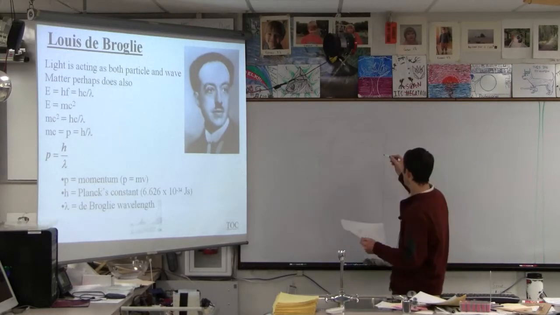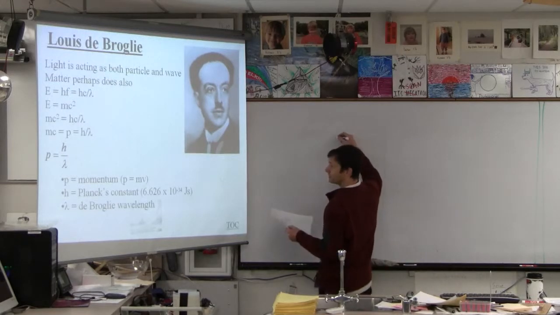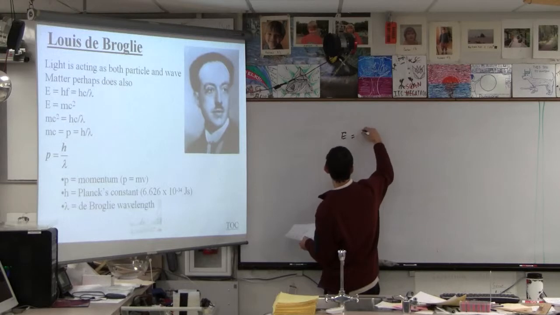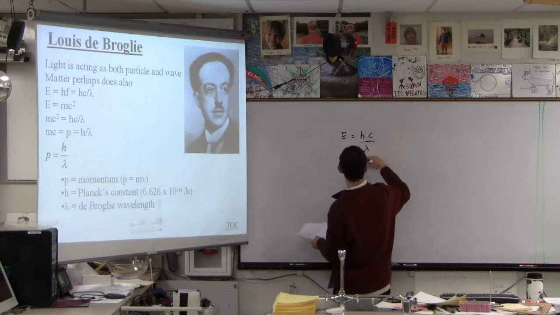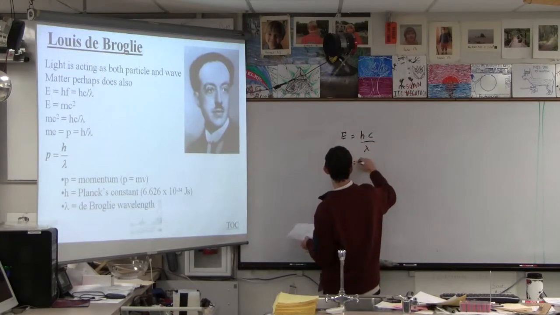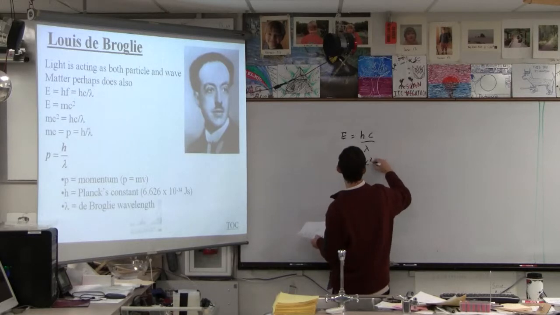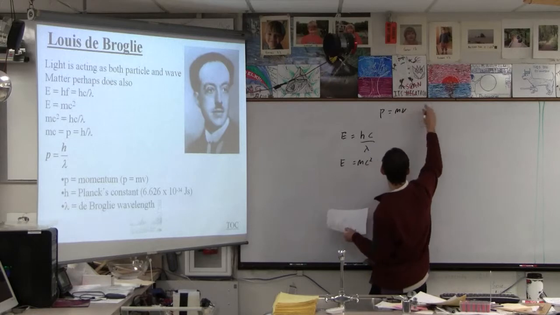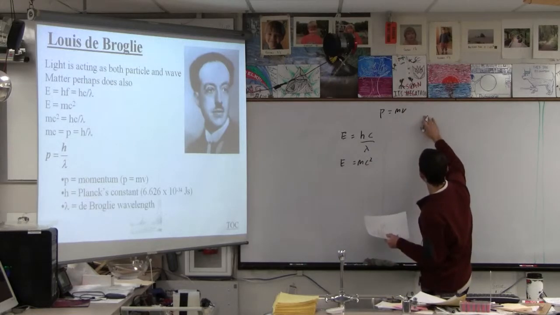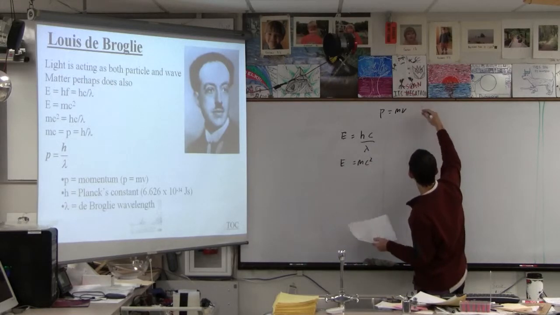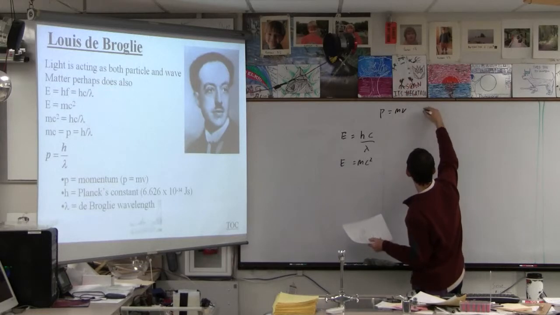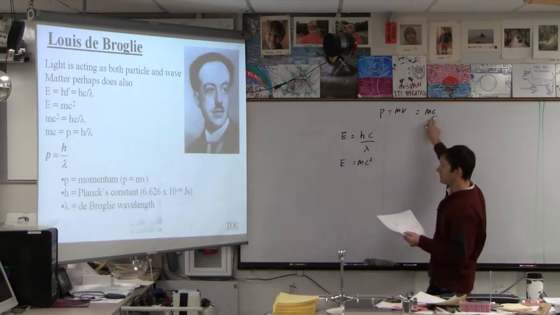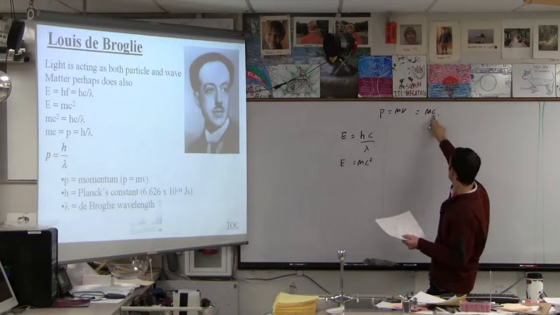And I don't think de Broglie came at it this way, but maybe he did, right? If energy is hc over lambda, and if energy is mc squared, well, momentum is m times v, right? So the momentum of a light particle would be m times c, the mass times the velocity.